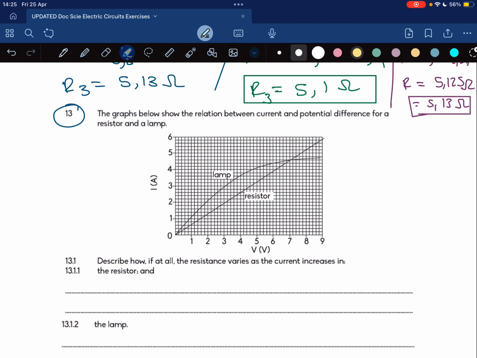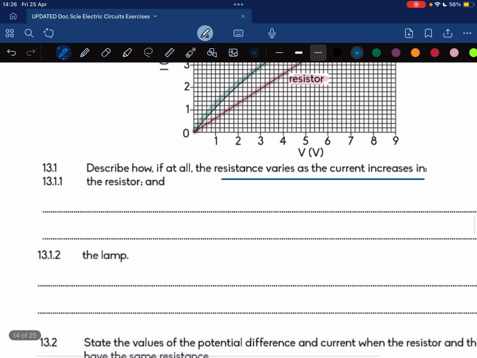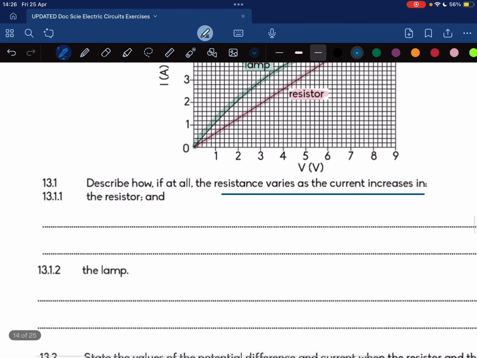Okay, so it says, first question, describe how, if at all, the resistance varies as the current increases in the resistor and in the lamp. Let's have a look. When I look at the resistor, it says what happens to the resistance as the current is increasing. So the current is increasing going this way.